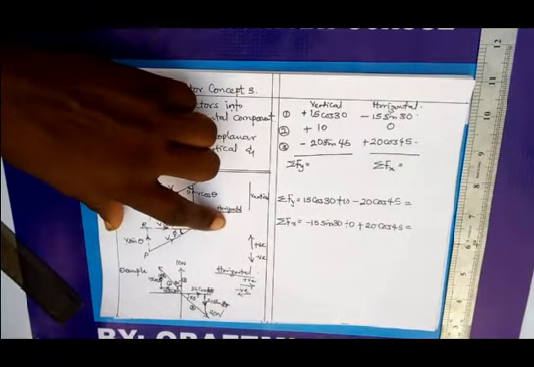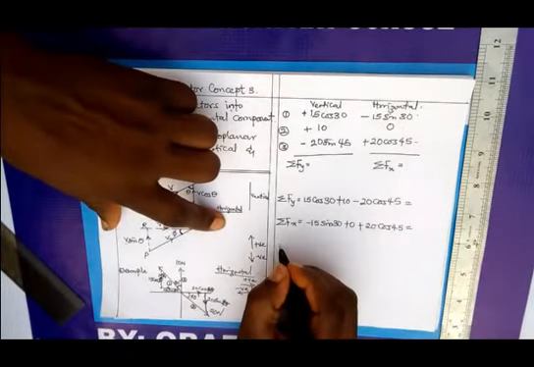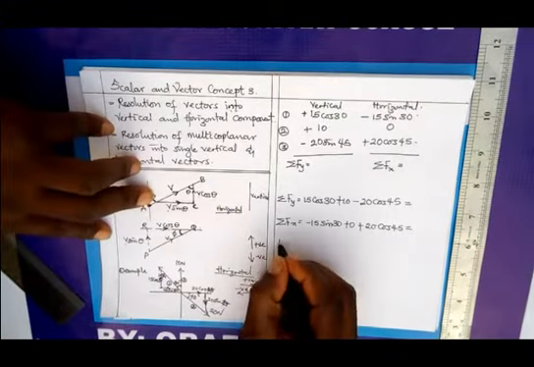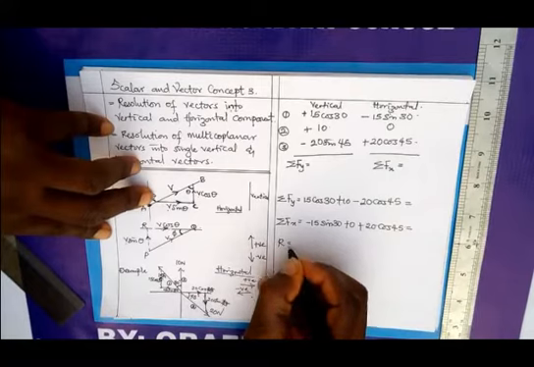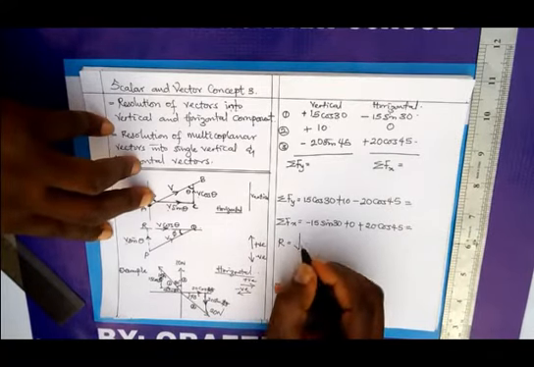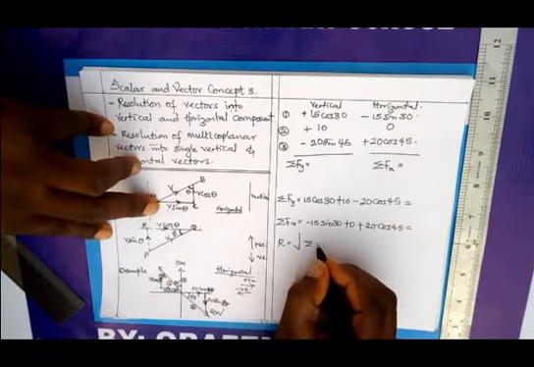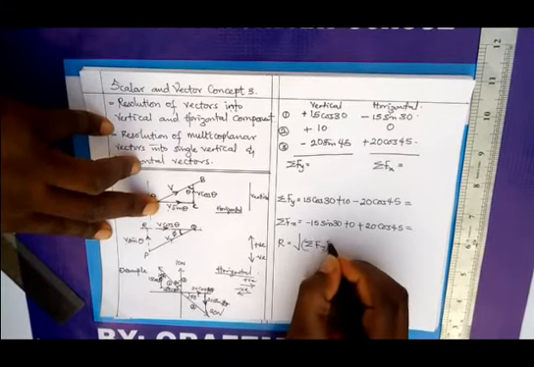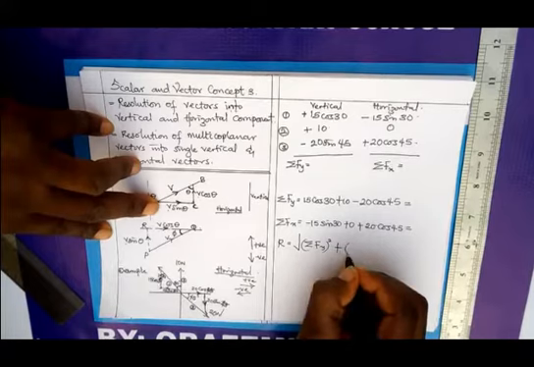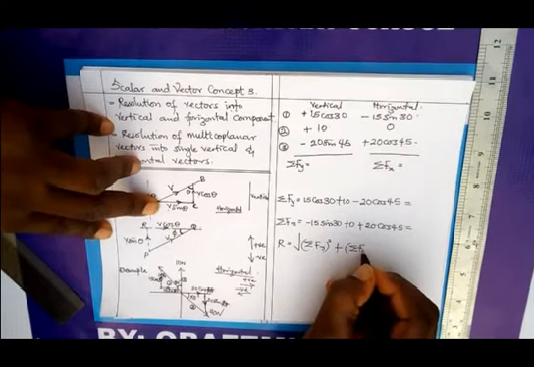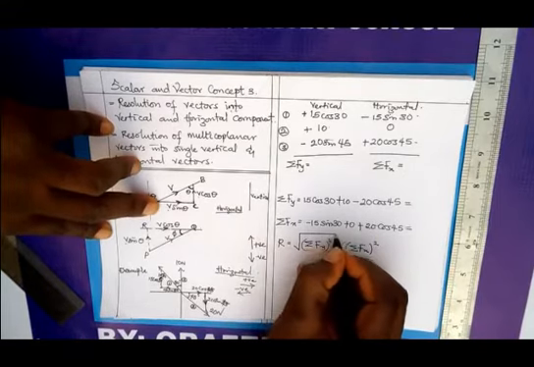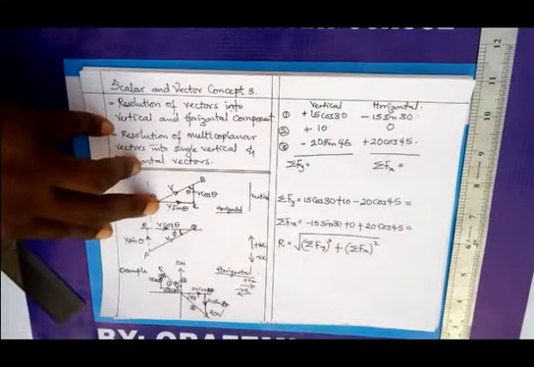And lastly, for us to get the final resultant, which we are looking for, the resultant is equal to the square root of summation of forces acting along the y-axis squared, plus summation of forces acting along the horizontal axis squared.